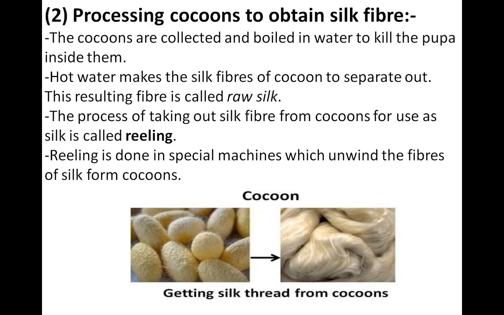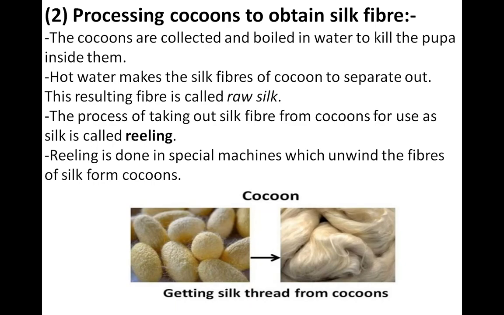So these cocoons that we get from rearing of silkworms are used to obtain silk threads. Correct? When the cocoons are exposed to the sun or steam or boiled, the silk gets separated from the silkworm.